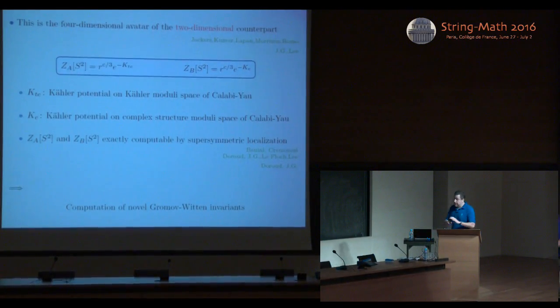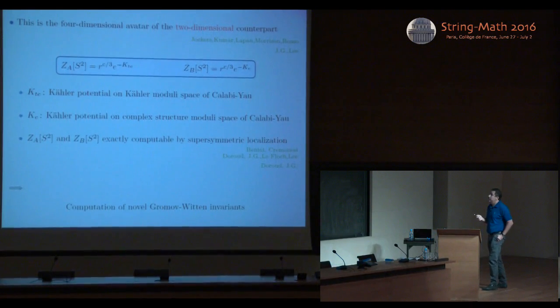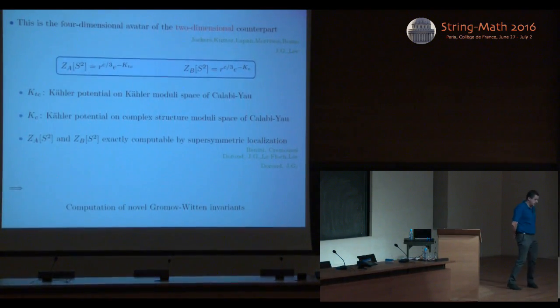So this story is a four-dimensional avatar of an older two-dimensional story that related the two-sphere partition function of (2,2) theories that you can define. There are two types, depending on what supersymmetry you put on the sphere. If the (2,2) theory describes Calabi-Yau target spaces, it computes either the Kahler potential on the Kahler moduli space of the Calabi-Yau or the Kahler potential on the complex structure moduli space.